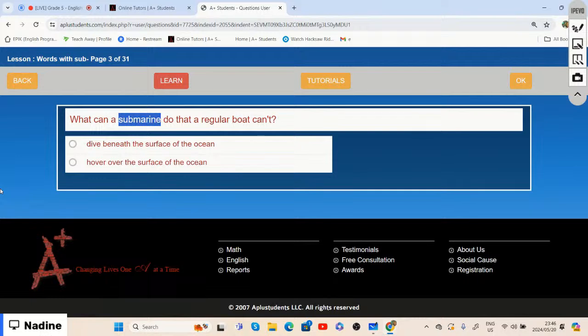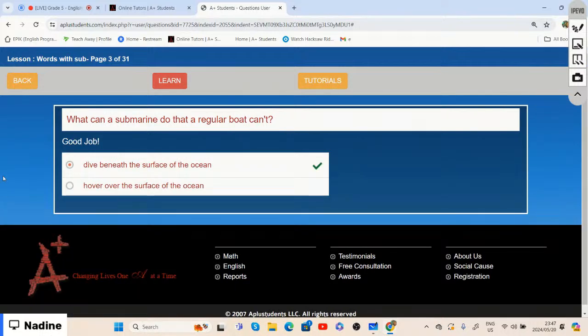Does it just stay there on top, floating on top of the water? Or does it go underneath? Does it dive beneath the surface of the ocean? It goes under the water. All right, so we can then say that a submarine dives beneath the surface of the ocean.